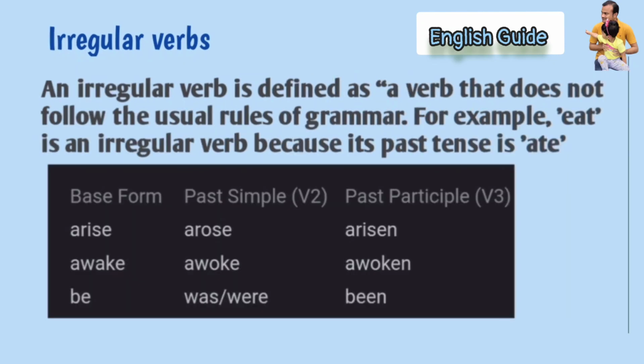Irregular verbs don't follow such rules to make the past or past participle forms from the base forms. These things we need to simply memorize. There is no definite rule to create the simple past or past participle, like V2 or V3 forms, like arise, arose, arisen; awake, awoke, awoken.